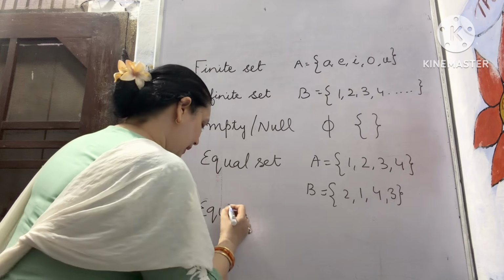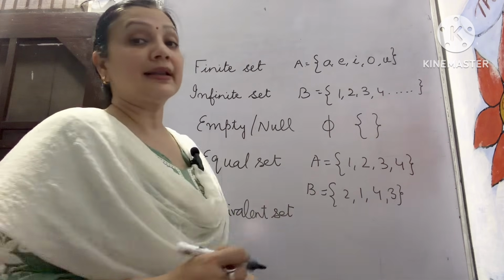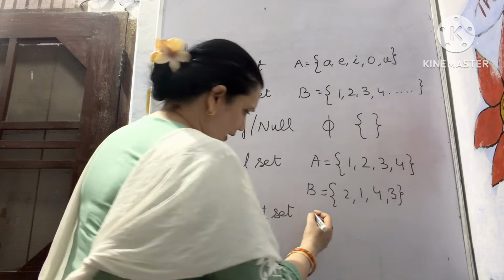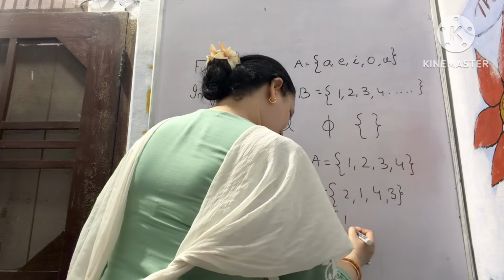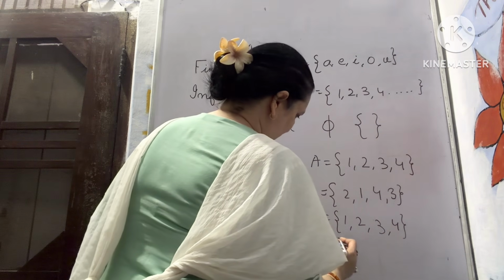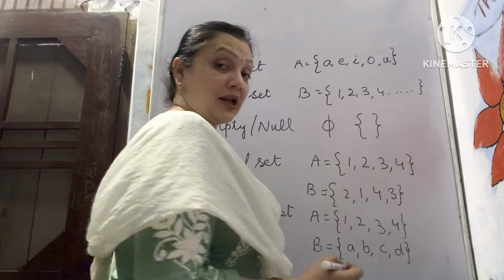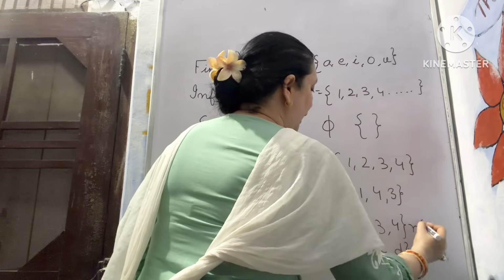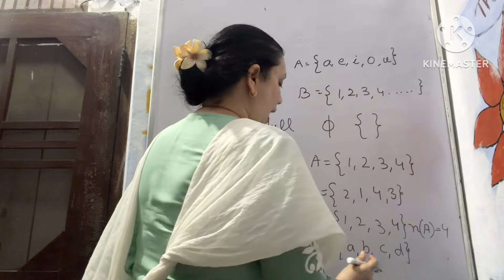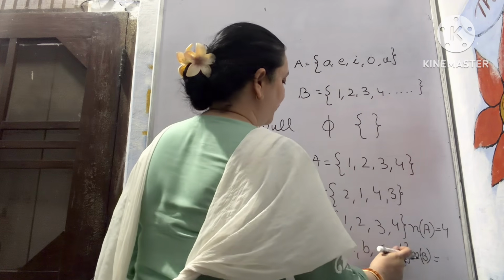Equivalent sets is the next type. Equivalent sets are those sets where the cardinal number is the same. For example, set A I take as 1, 2, 3 and 4 and set B I take as A, B, C and D. Now if I take out cardinal number, n of A is 4 and n of B, cardinal number of B is also 4.